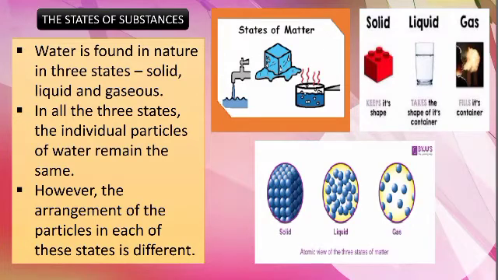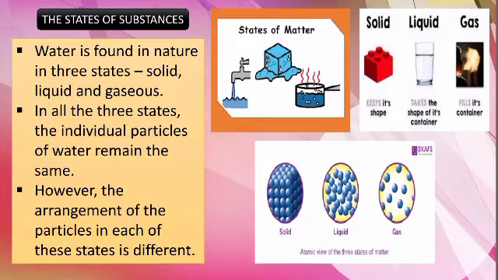Just take an example of water. Water is found in all the three states of substances, that is solid, liquid, and gaseous. In all the three states, the individual particles of water remain the same. They do not change.